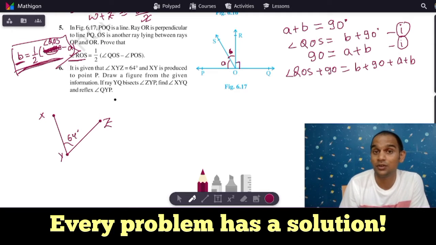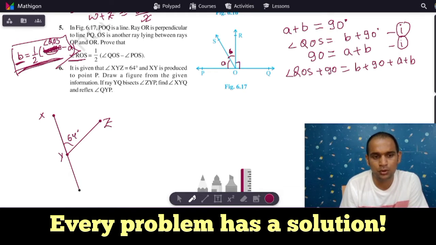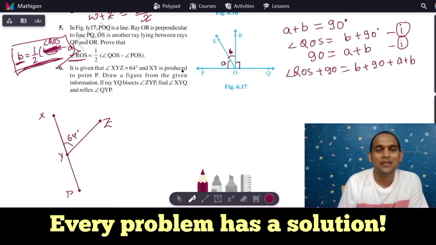That is how we construct a figure, because in this case the figure is not given, and XY is produced to point P. So this XY is being produced to a point P. I'll mark this as point P. Then draw a figure from the given information.